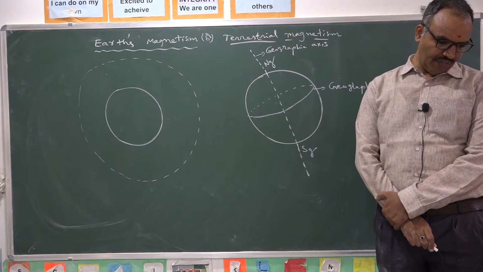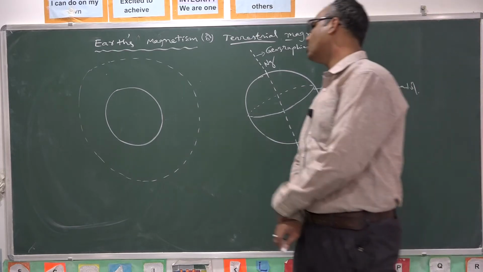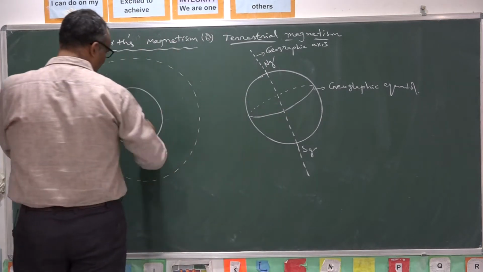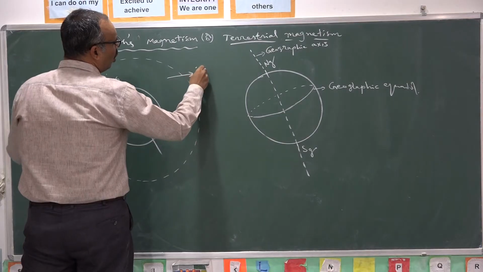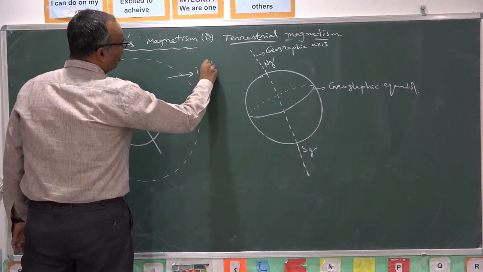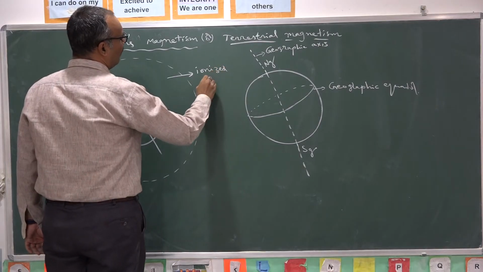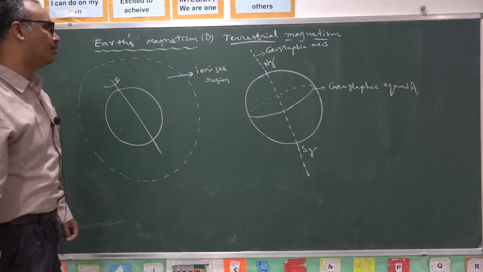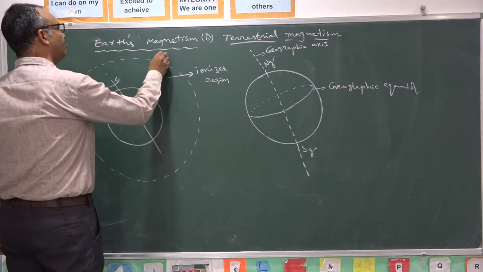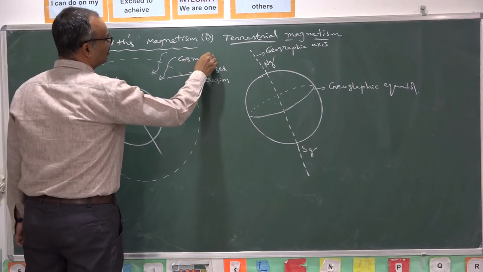Due to the rotation of Earth, Earth is rotating around its own axis continuously. This is the ionized region surrounding Earth. This ionized region is developed due to the cosmic radiations.